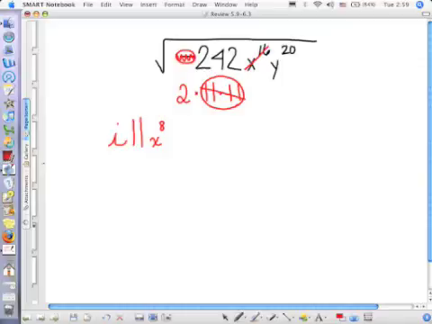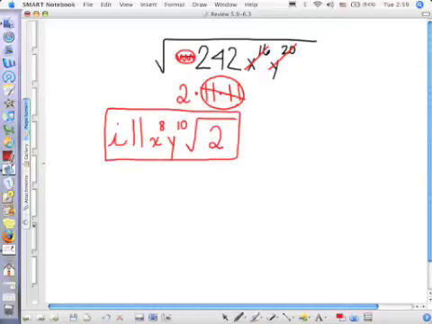For y to the 20th power, there are 10 pairs of y's, leaving none under the radical. The only thing left under the radical is a 2. So the answer to number 1 was i times 11x to the 8th, y to the 10th, square root of 2.